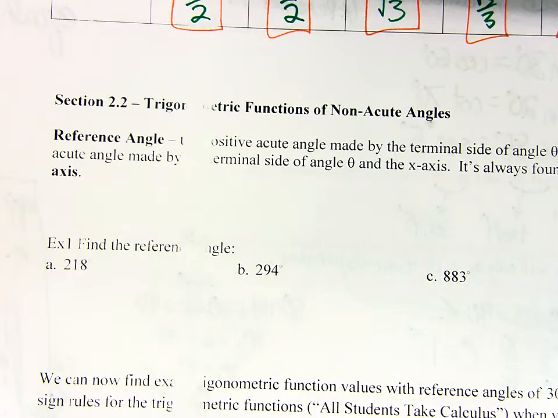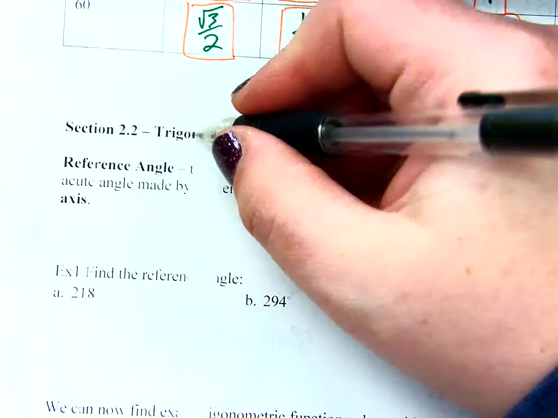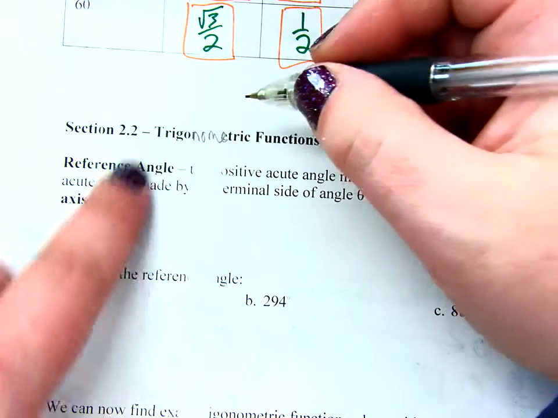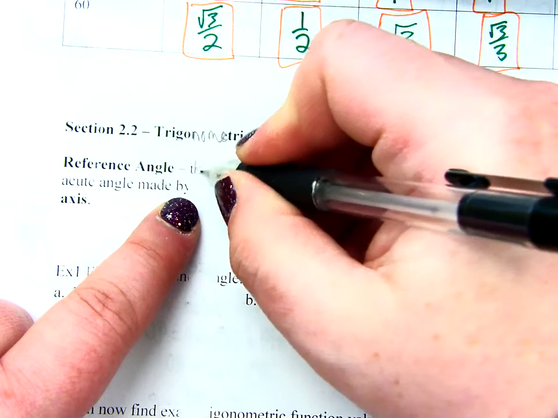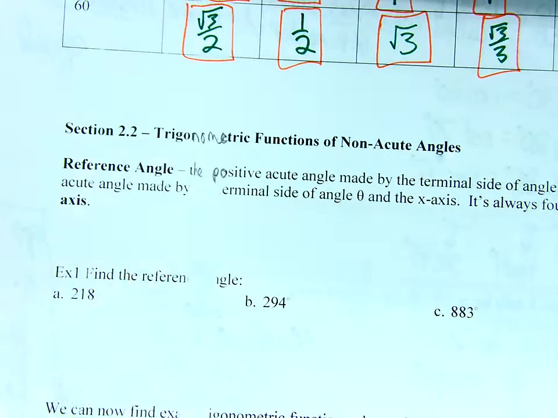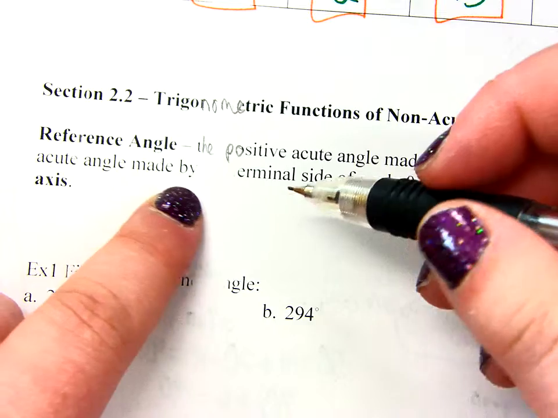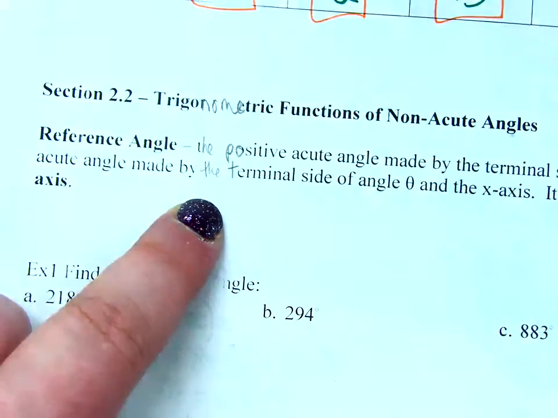We need to fill in the blanks that were left out by the printer. So in our title here, it's just trigonometric. Reference angle, the positive acute angle. And on the next line, acute angle made by the terminal side.